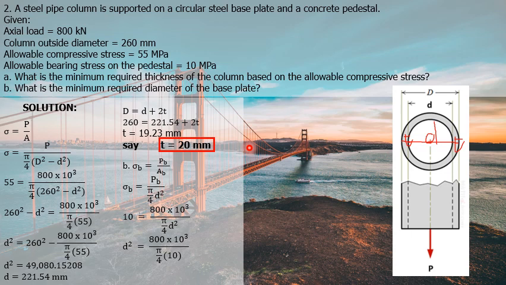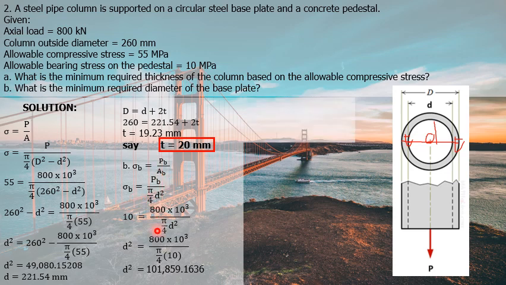In letter B, we are asked the minimum required diameter of the base plate. From the formula of the bearing stress, sigma B is equal to PB over AB, the bearing force over the bearing area.